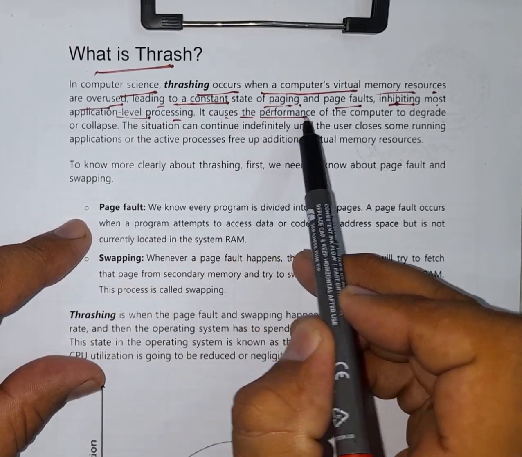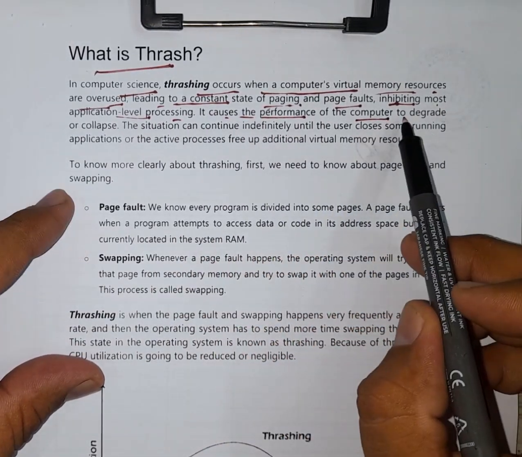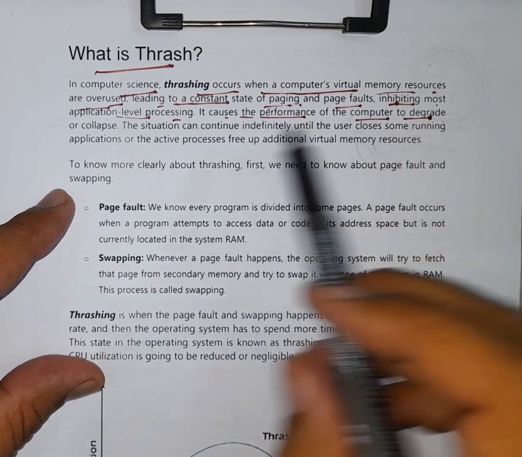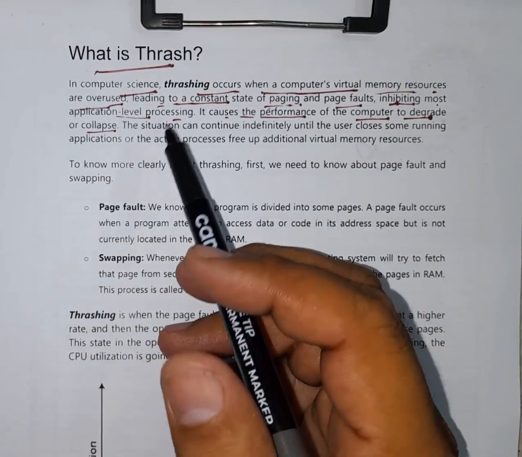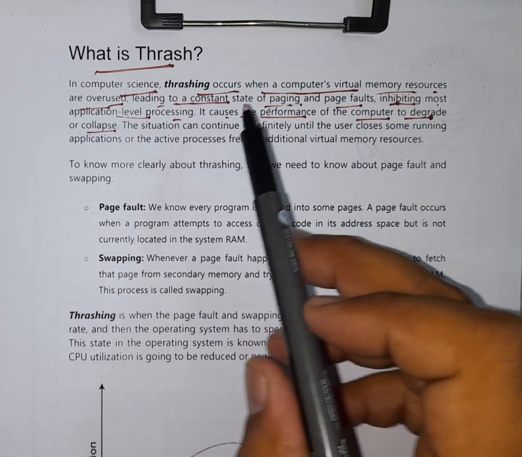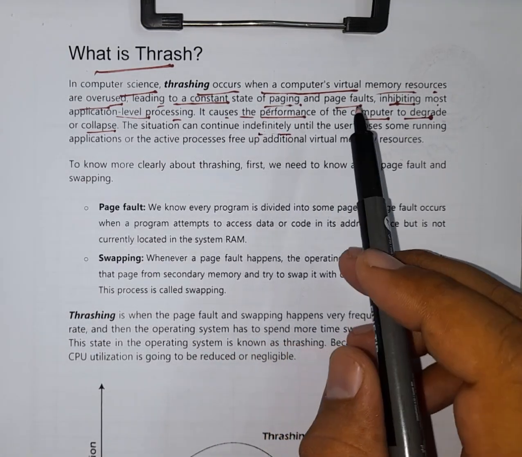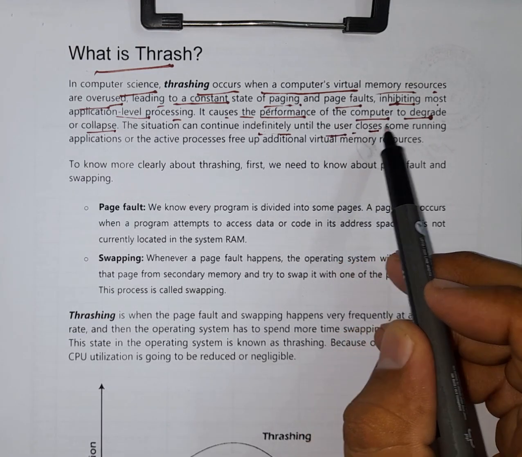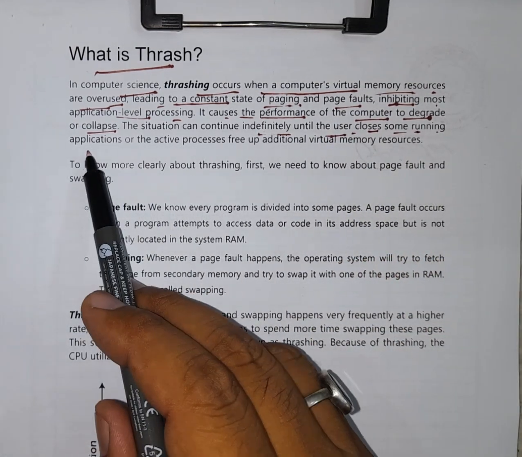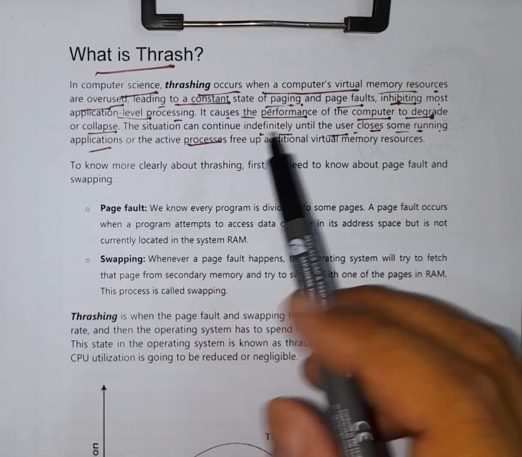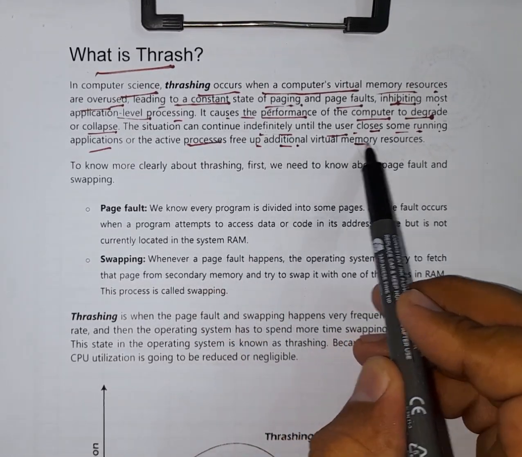It causes the performance of the computer to degrade or collapse. The situation can continue indefinitely until the user closes some running applications or the active processes free up additional virtual memory resources.